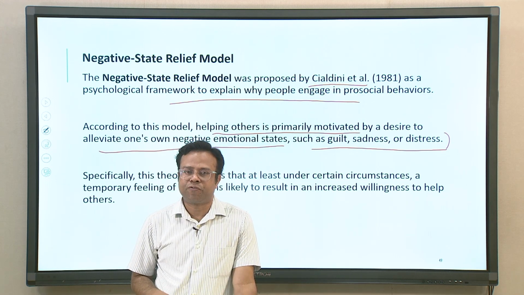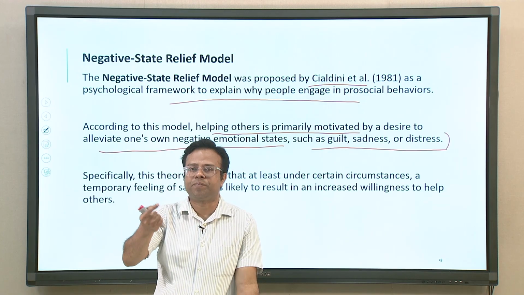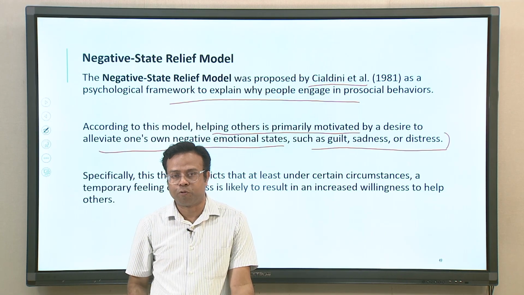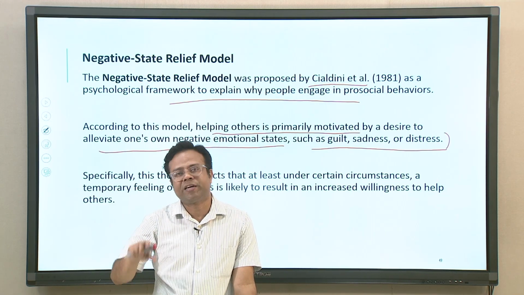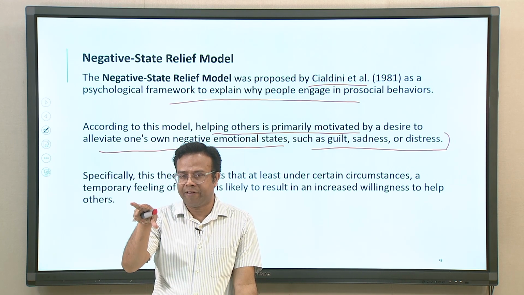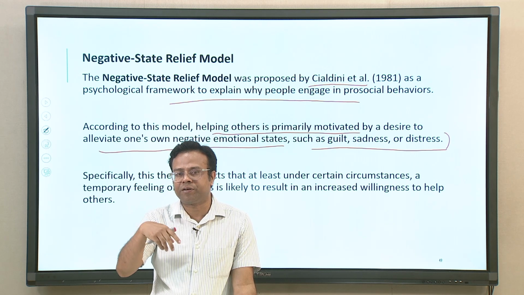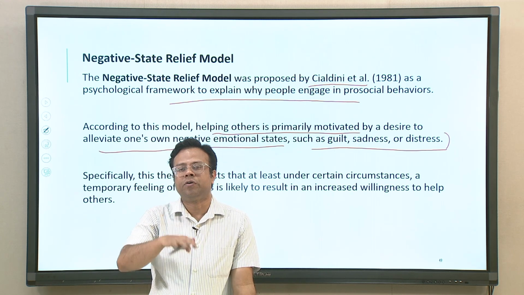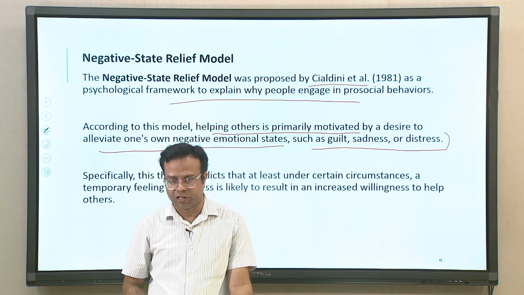In the warm glow theory, the focus was that when people help, they experience positive emotional states, which becomes a rewarding experience. Here they are saying that people are more likely to engage in prosocial behavior when they are motivated by the desire to remove their negative emotional state.